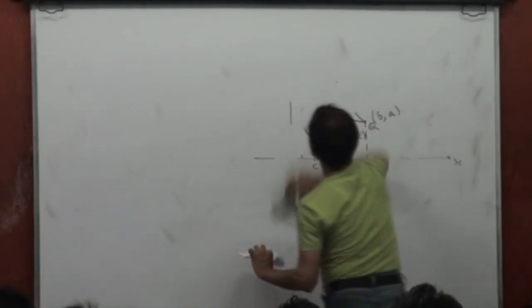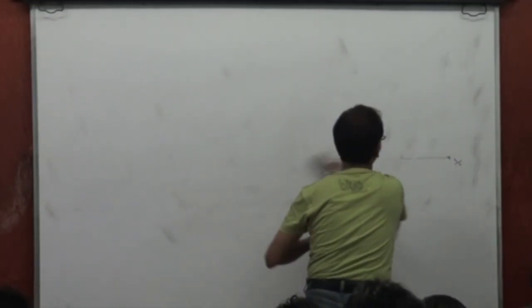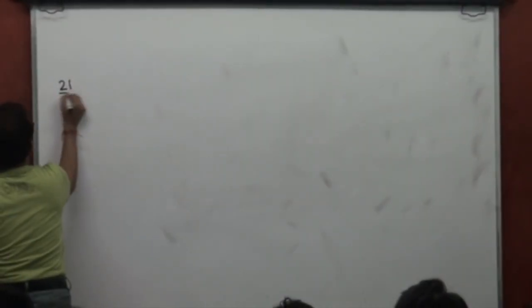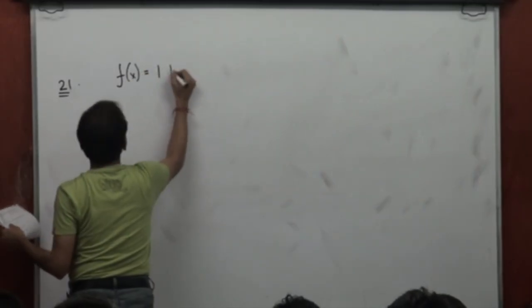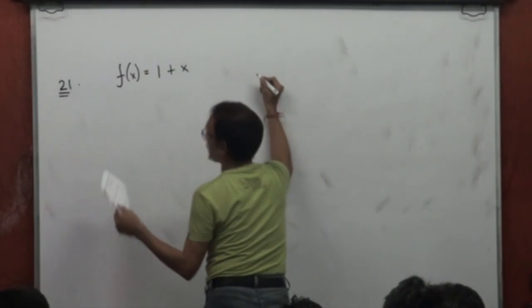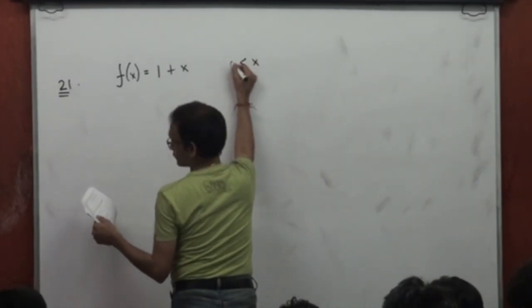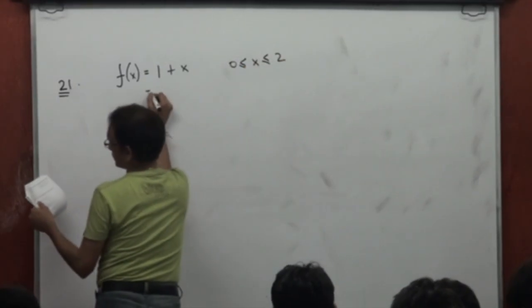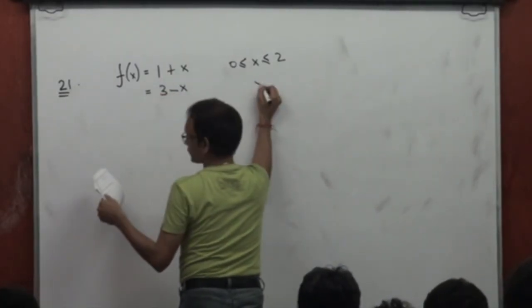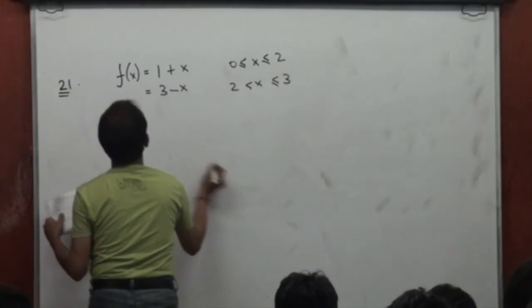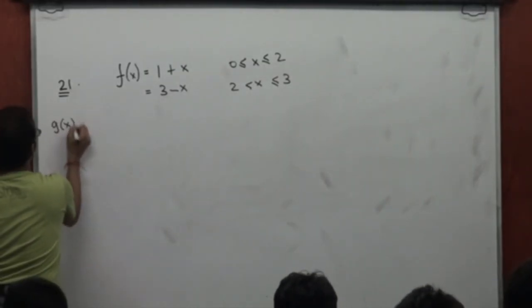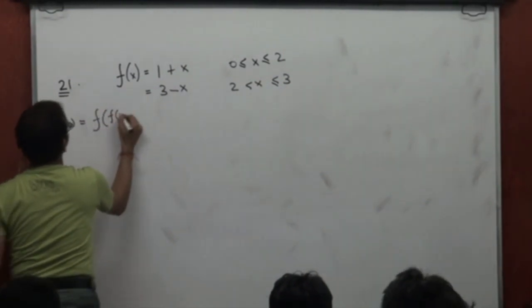Now let me get back to 21. It could have been done graphically, but to begin with, I'll just do it analytically. We want to talk of g(x), which is f(f(x)).